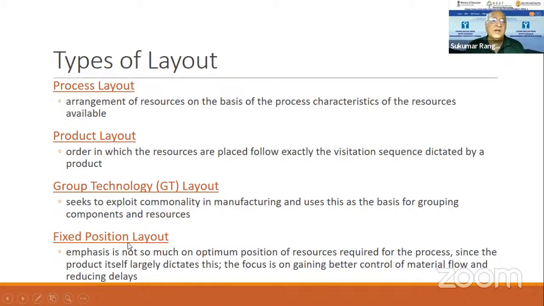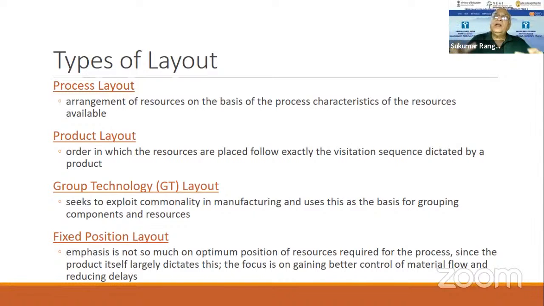And fixed position layout. Let us say you need very high presses, 100, 200, 400 ton presses. You can't move the machine from one to another. The product has to move. There are also some specialized welding, let's say, which again needs a huge fixture.